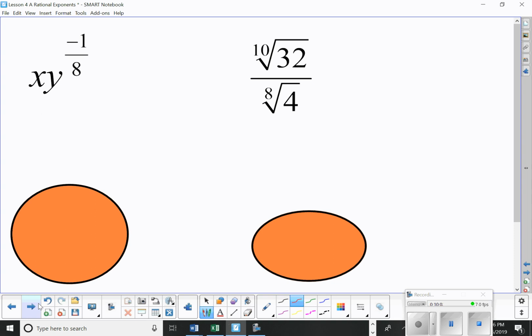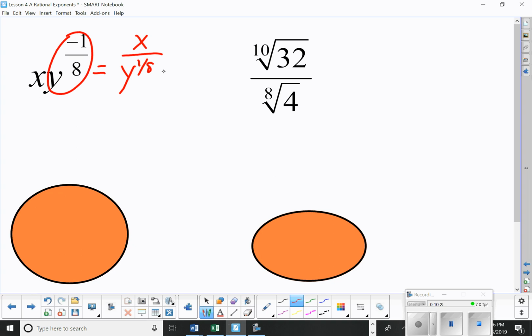You've got a couple of these to try. Now remember that with x times y to the negative 1/8, this negative 1/8 applies only to the y. So that means I have x over y to the 1/8. Now, can I leave that in the denominator?